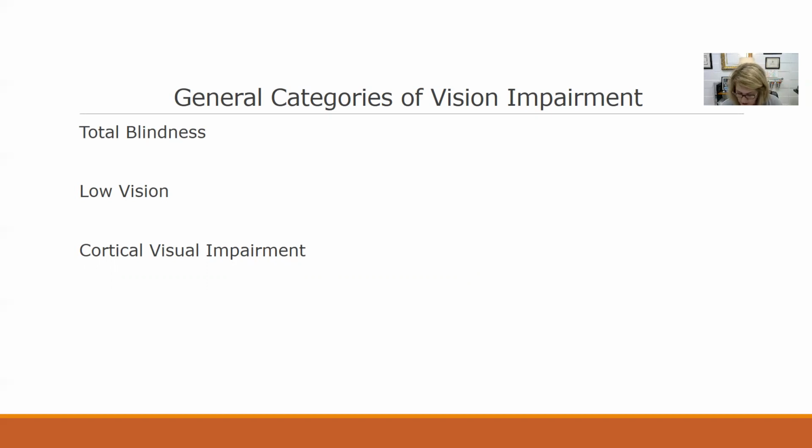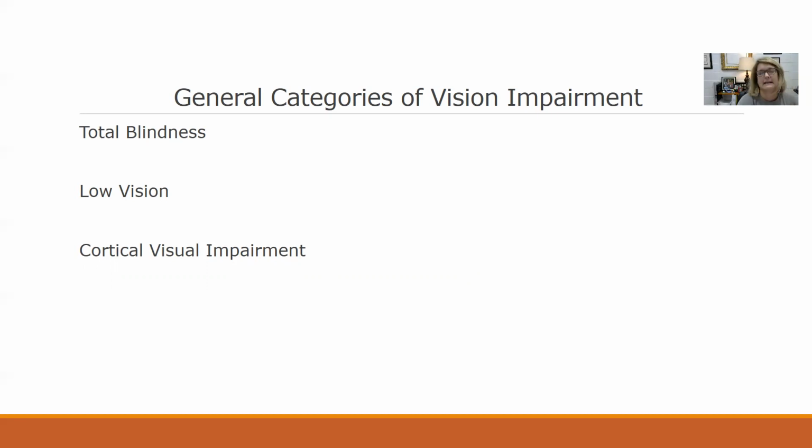It might be the child's only disability, or it may accompany other conditions like Down syndrome or cerebral palsy. There are three different types that we're going to talk about: total blindness, low vision, and cortical visual impairment.